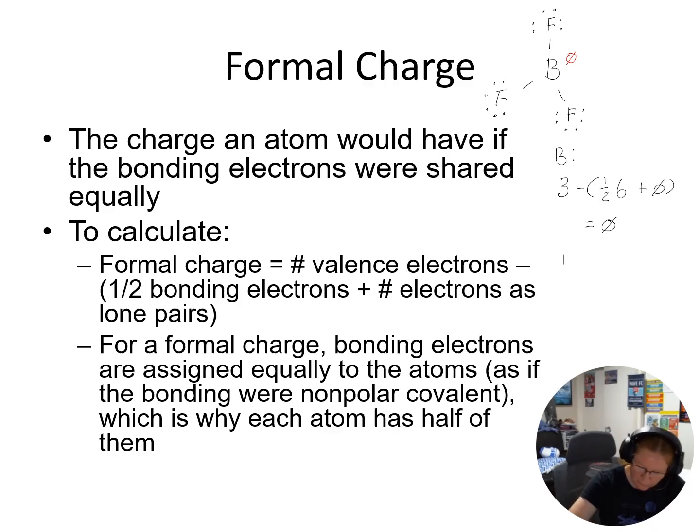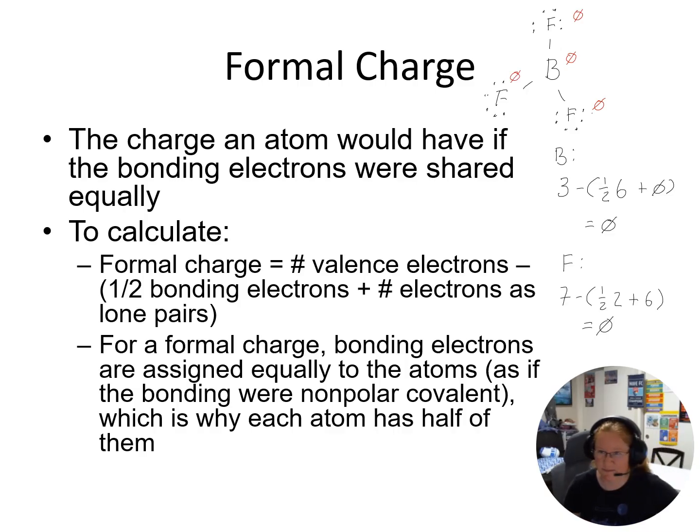For my fluorine, we have 7 valence electrons minus 1/2 of 2 because it only has one bond, plus 6 lone pair electrons. 7 minus 7 is 0. That is an excellent structure. 0 formal charges everywhere. Now, I mentioned that there's another valid structure.